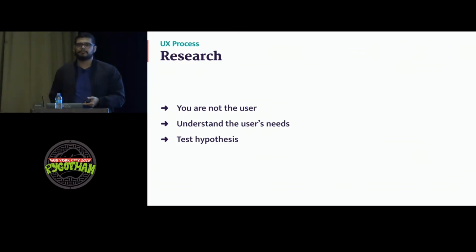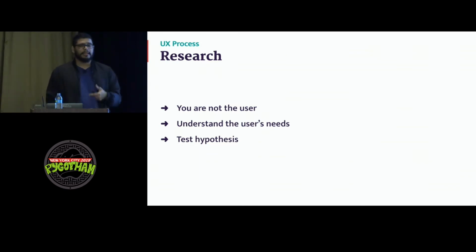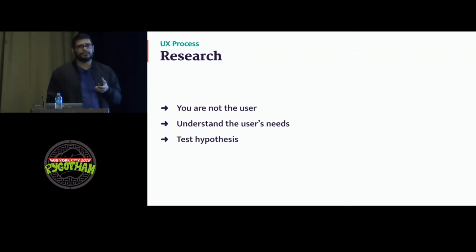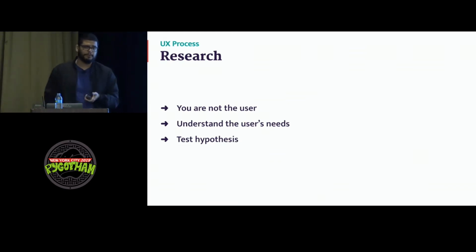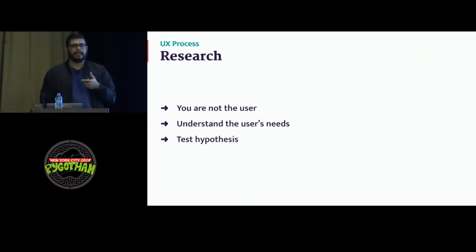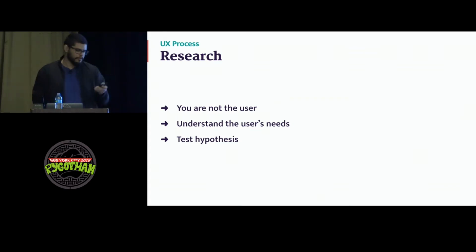They can use different protocols to interact with your API. They can prefer XML over JSON. Users are different. So we need to understand their needs. And also, research is a place to test hypotheses. Like I said, it's cheaper to change a prototype rather than working code, but it's cheaper to ask and test the users on what things we think they want.